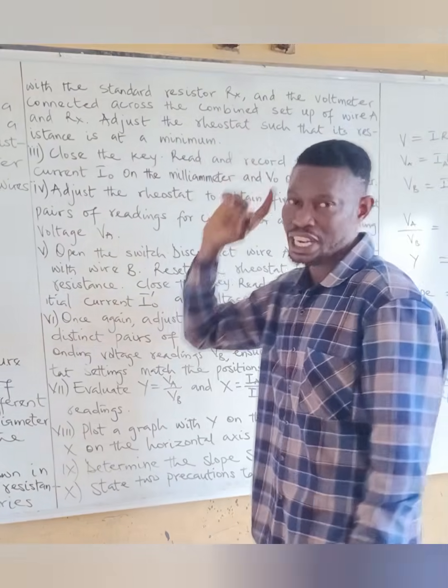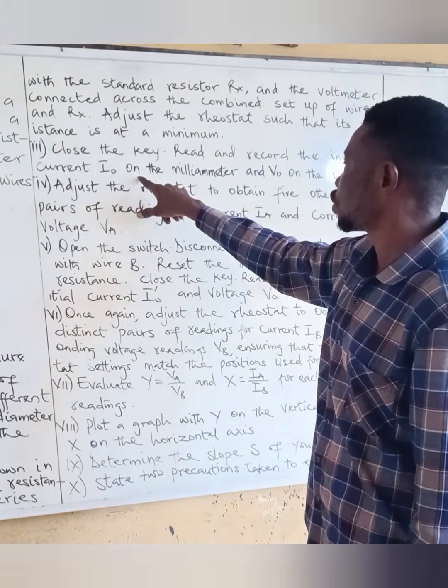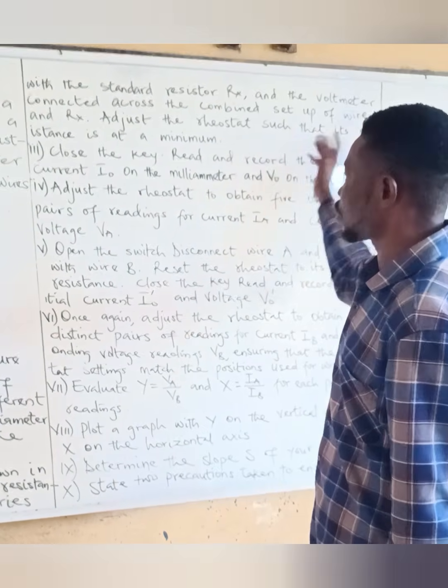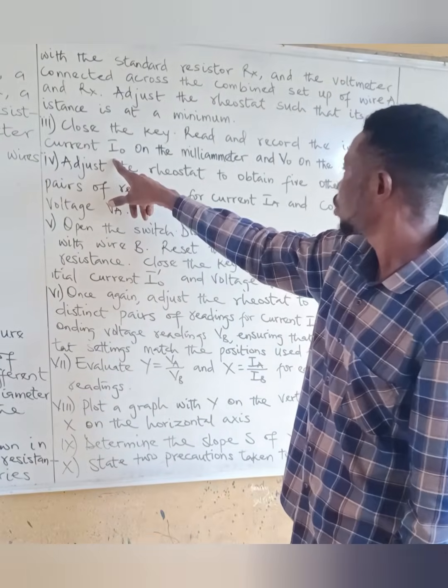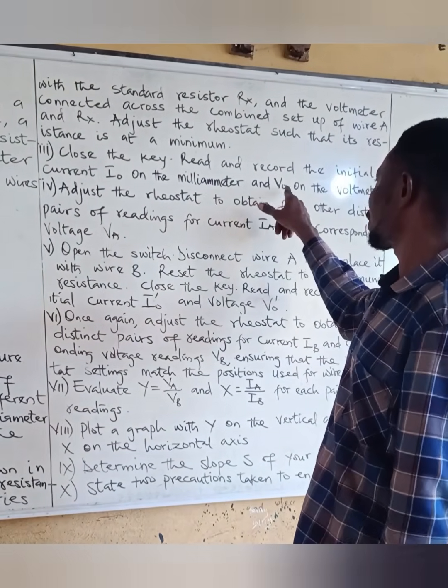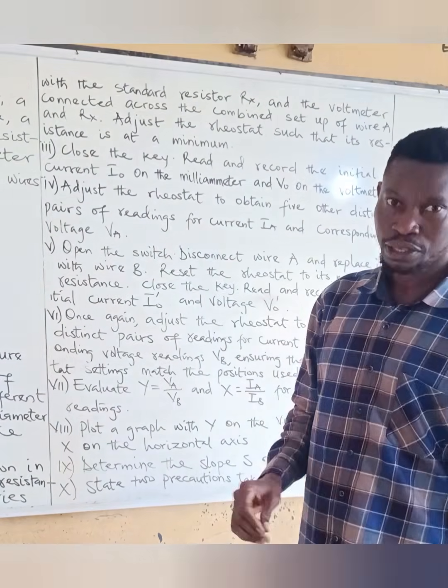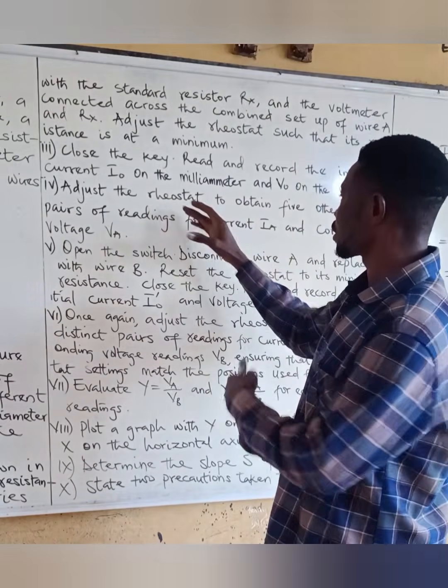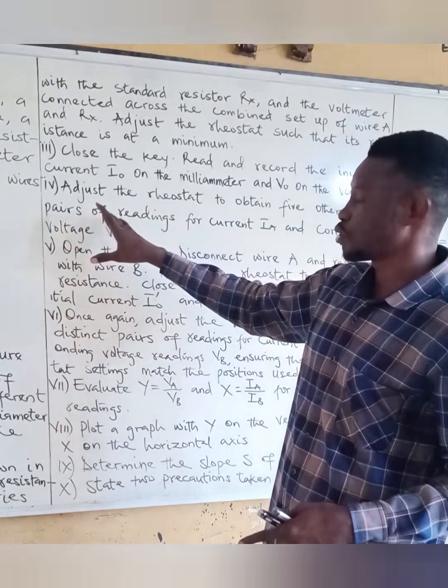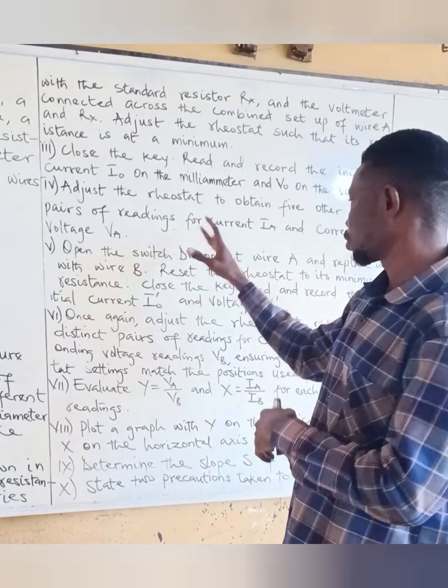At that point, you close the key and read and record the initial current I0 on the milliammeter and V0 on the voltmeter.